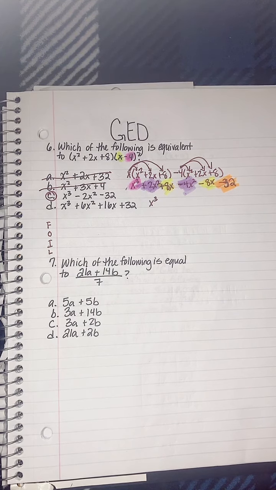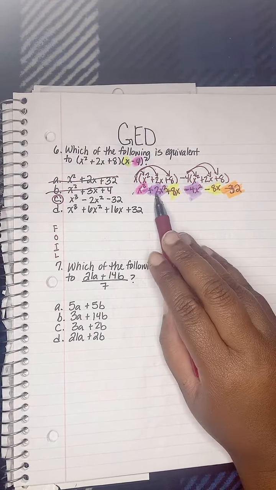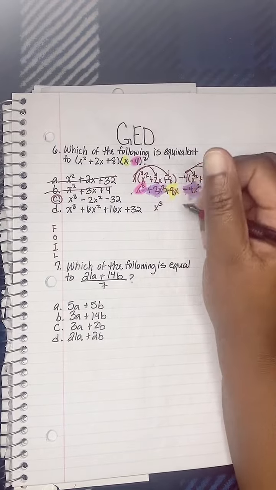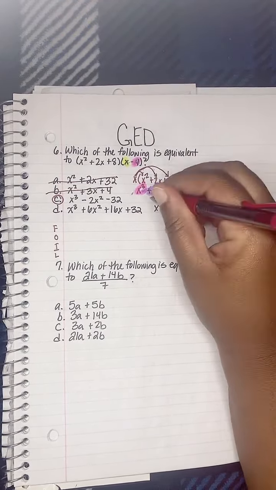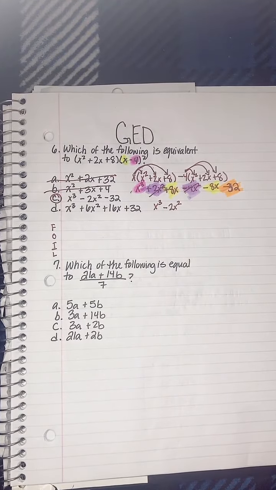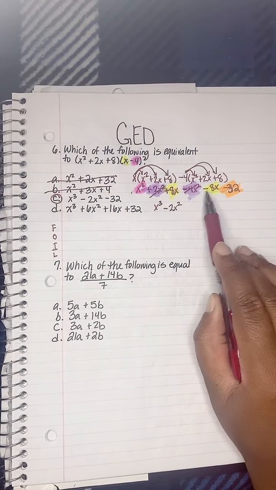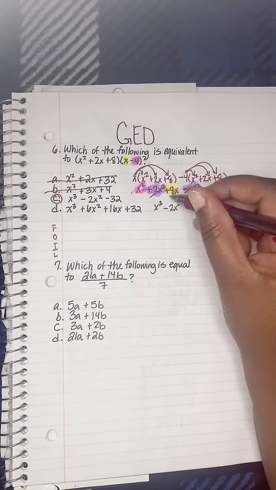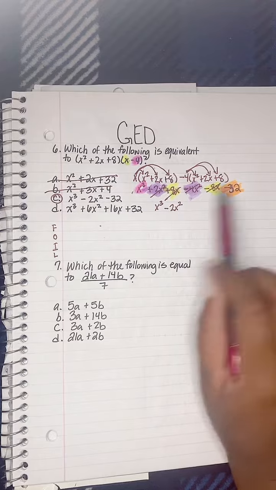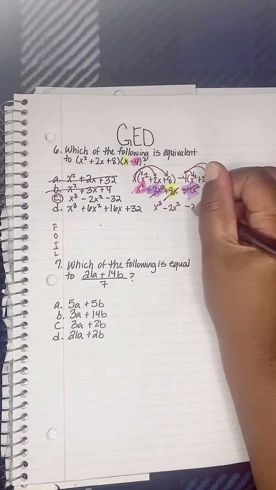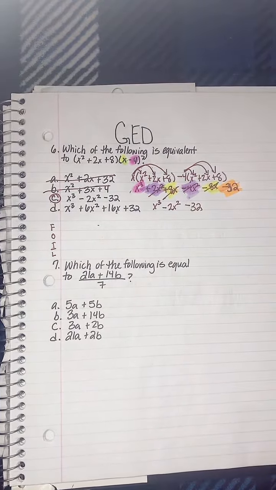C. Okay, so our purples: 2 minus 4 is negative 2x squared. So these would not cancel. And then 8 minus 8, they cancel out. So we have no x because 8 minus 8 goes away and we're left with negative 32. That's why C is our answer.